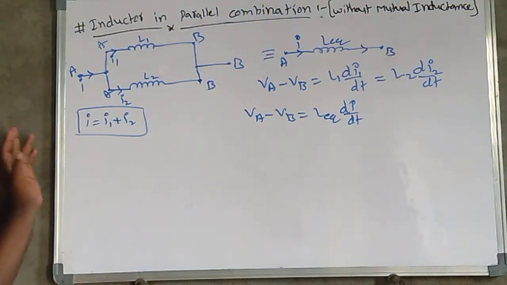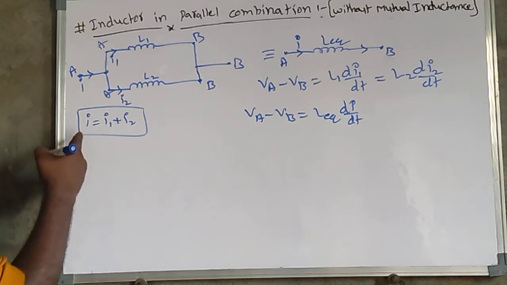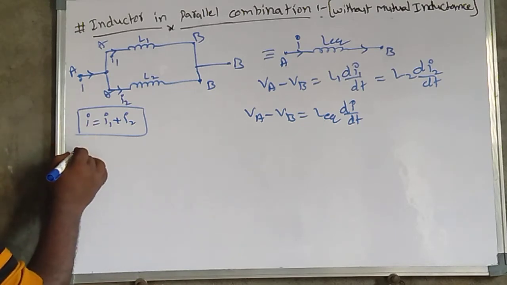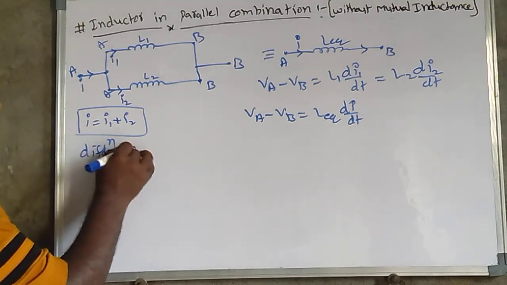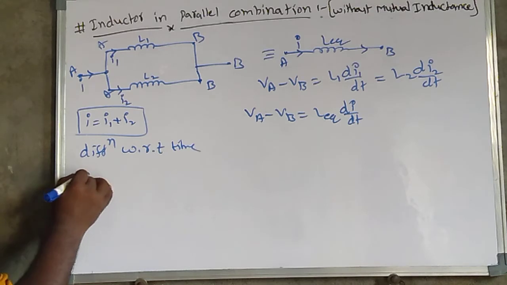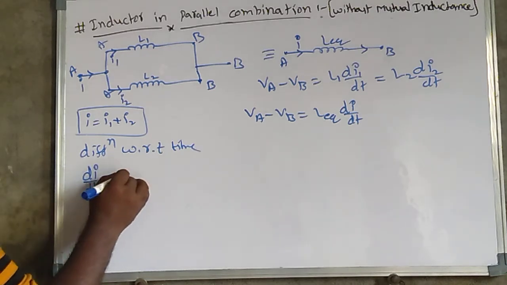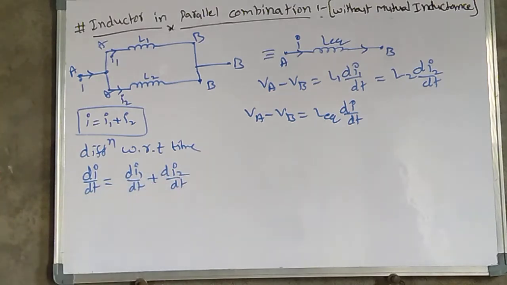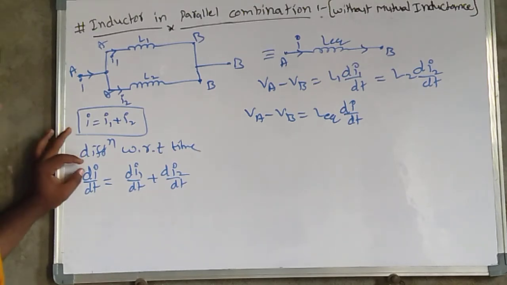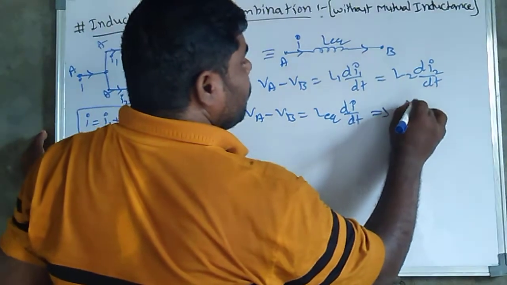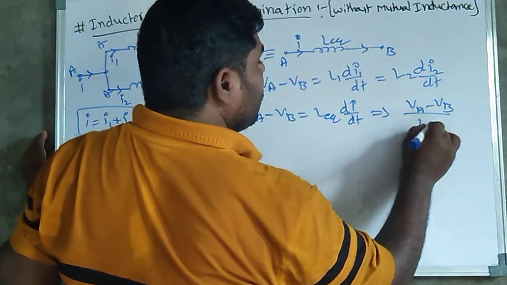Now I am going to derive the equation. Differentiate I equals I1 plus I2 with respect to time, so di by dt is equal to di1 by dt plus di2 by dt. Here di is nothing but the resultant. So di by dt is VA minus VB divided by L equivalent.